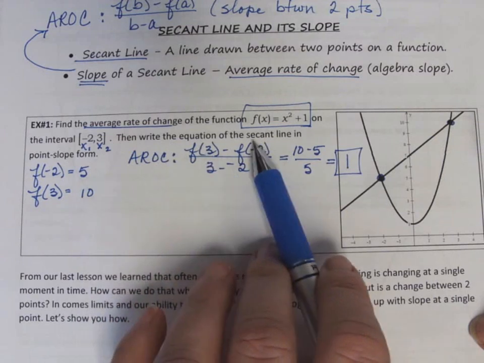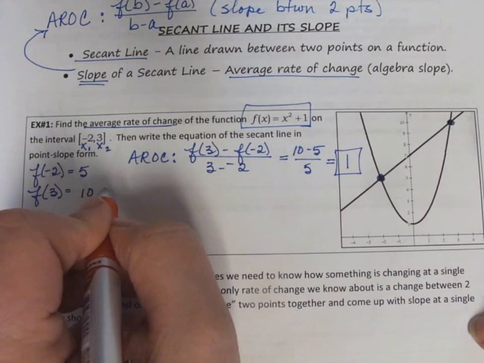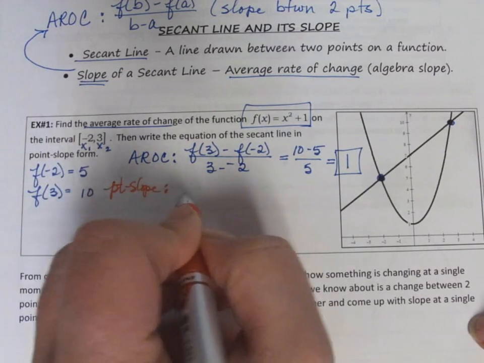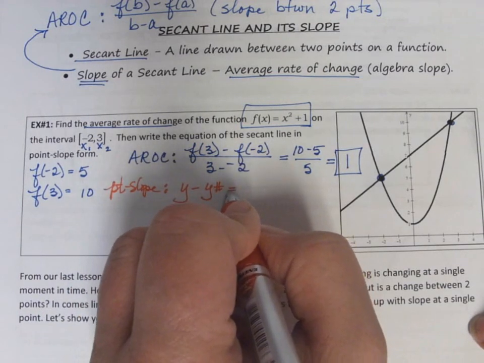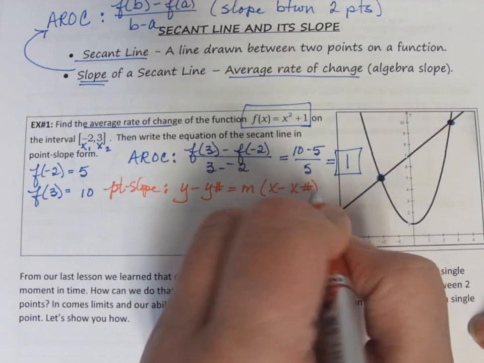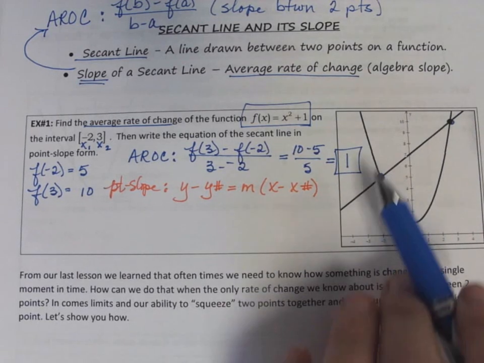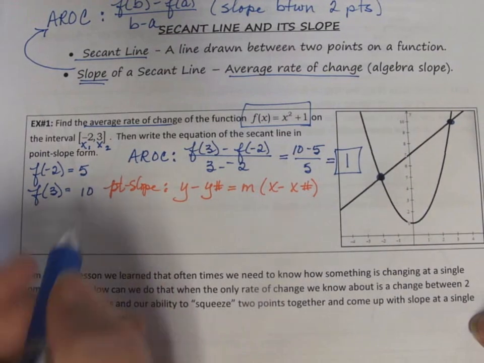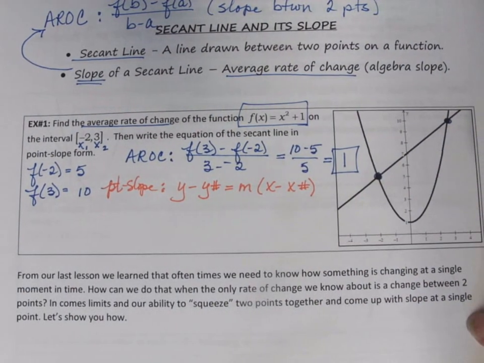It says, then write an equation of the secant line in point slope form. So remember, point slope form of a line is going to be y minus the y number is equal to the slope times x minus the x number. So that's our point slope form. Now, in this case, we have 2 points, so we just have to pick a point. So for this one, I'm going to get a different color.